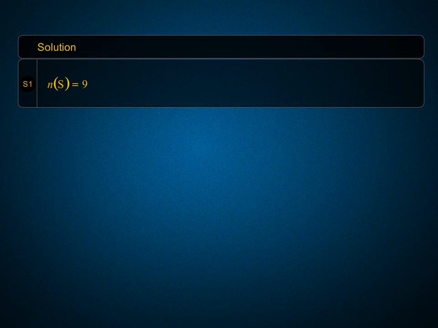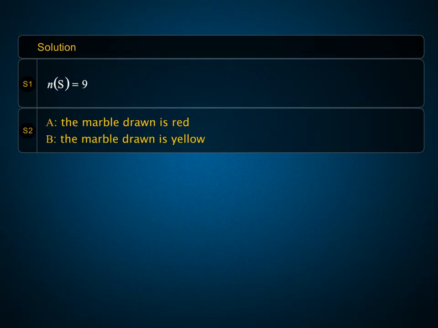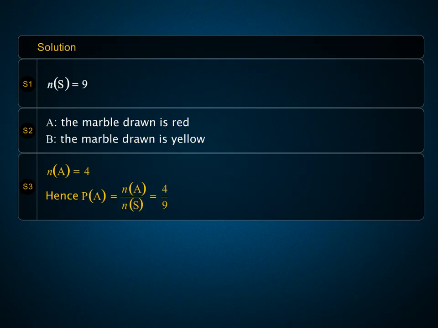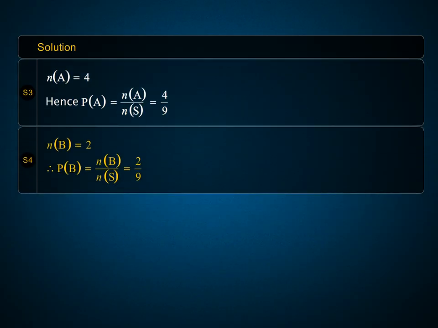There are 9 marbles in all, so the total number of possible outcomes is 9. Let the events A and B be defined as shown. The number of red marbles is 4. Hence, probability of the event A is 4 upon 9. The number of yellow marbles is 2.